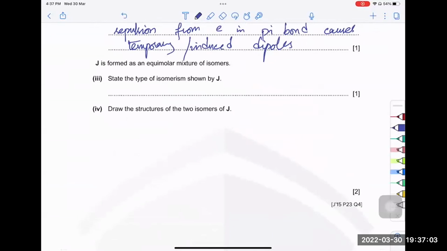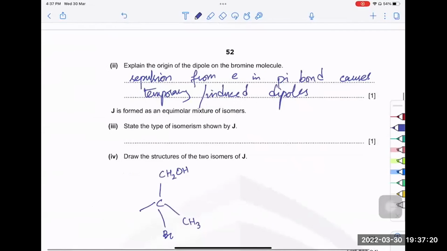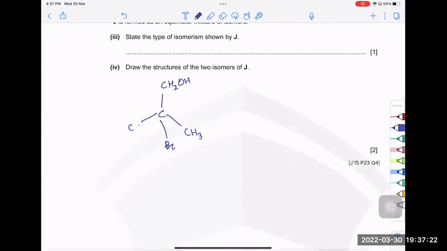So I put the chiral center in the middle, and I had CH2OH, I had a methyl, I had bromine, and I had that other group, CBr and two methyls. So two methyls and then Br. Or CBr and two methyl. It's your choice how you do it.